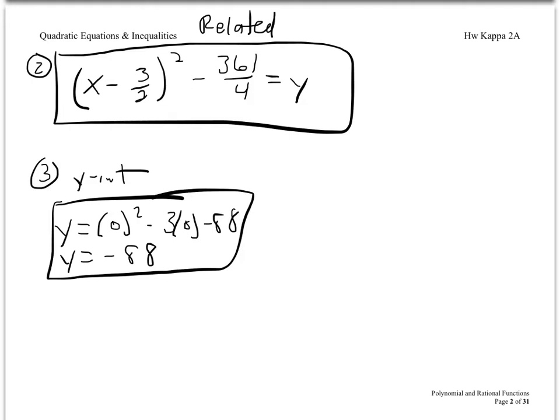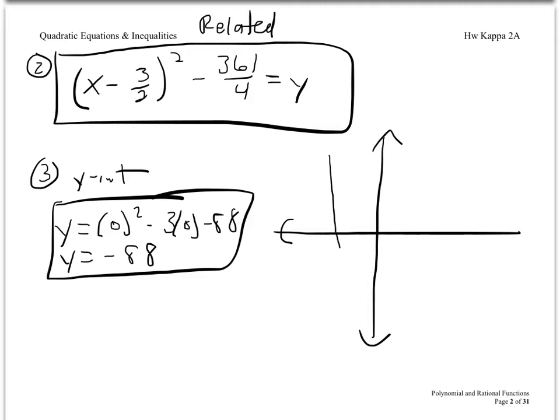If you put all this together, to graph this, our vertex is at 3 halves, negative 361 over 4. We have a y-intercept at negative 88. We have x-intercepts at negative 8 and 11.